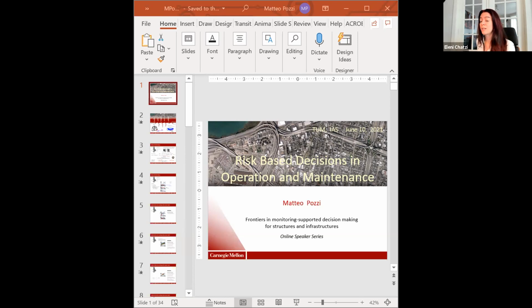He has worked with integrating fiber optic sensors and using wireless sensors for measuring strains and vibrations, and coupled this work also with tools for reliably mitigating risks and extending the remaining useful life of civil engineering structures. His group focuses on probabilistic models for seismic vulnerability, deterioration, optimal planning for mitigation of extreme events, and maintenance and inspection scheduling. And I believe he will be focusing on this today. So with this short intro, Matteo, the floor is yours.